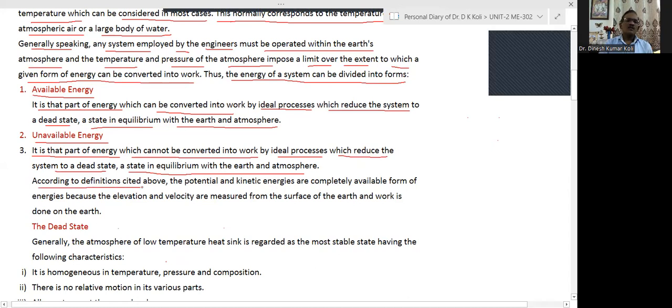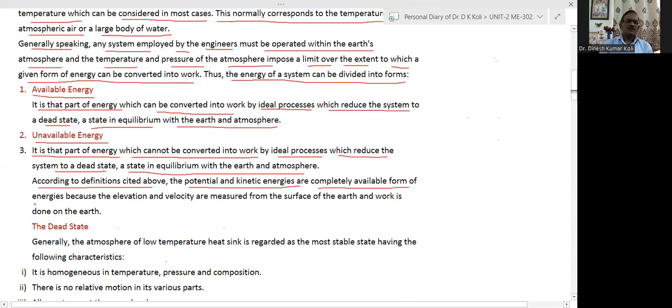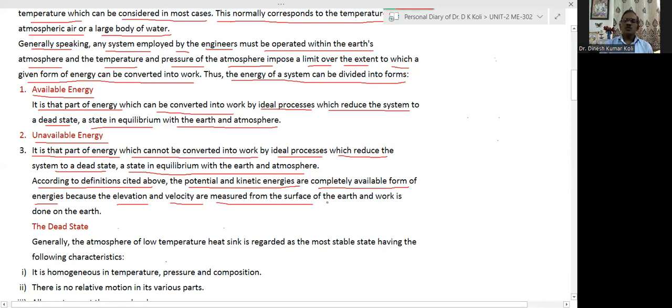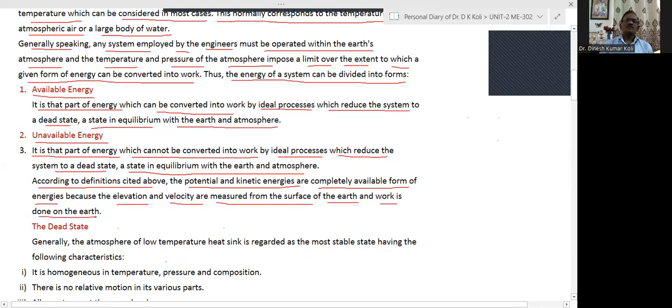According to the definition cited above, potential and kinetic energies are completely available forms of energy, because elevation and velocity are measured from the earth and the work is done on the earth.